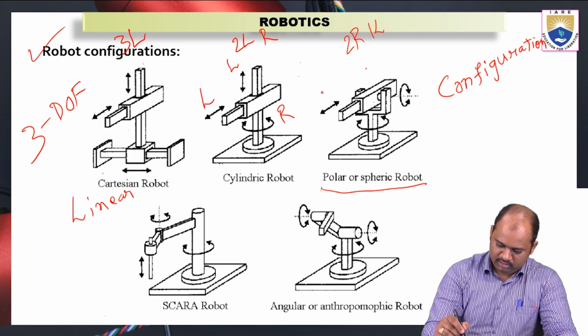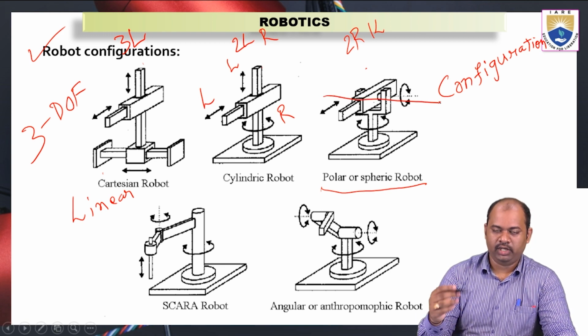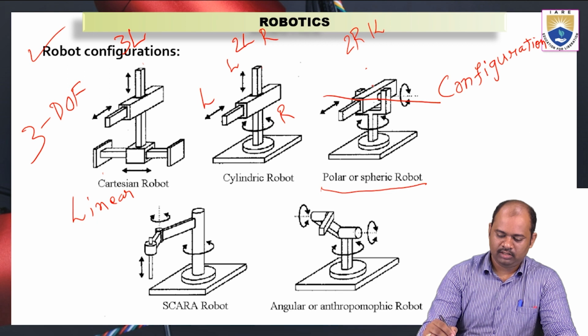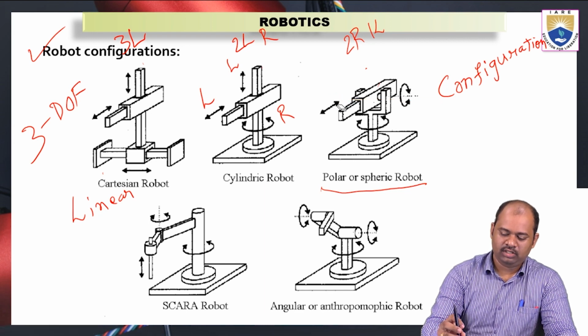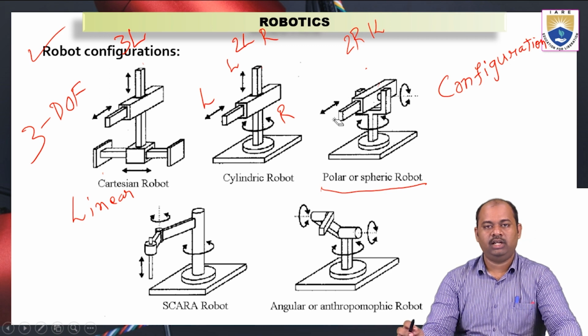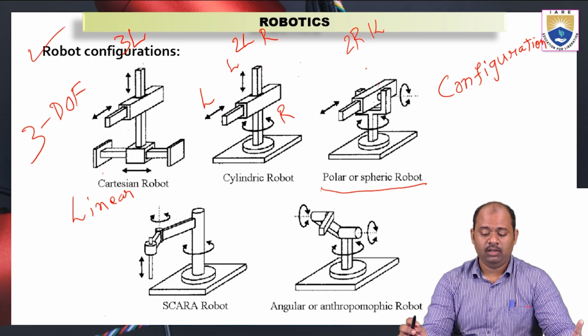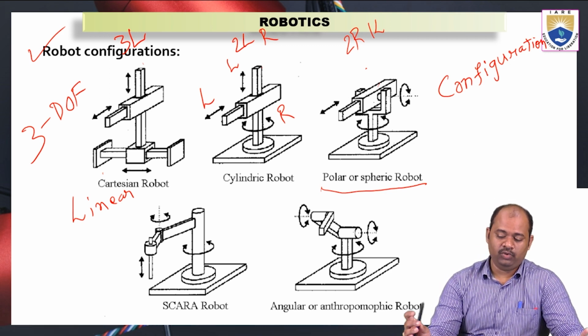This link can rotate, so that is the second rotation. And the third motion is moving in and out. The third link can go inside or outside. So 2 rotational motions and 1 linear motion are possible in polar or spheric robots.